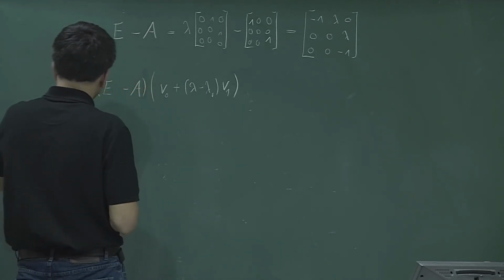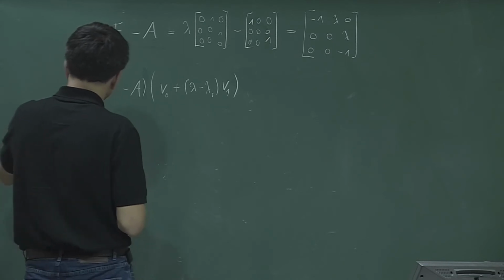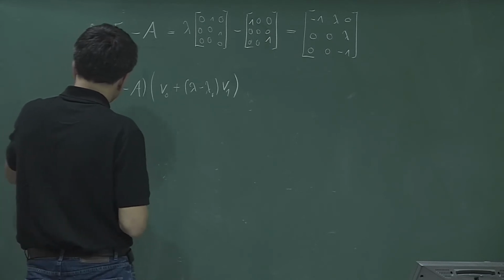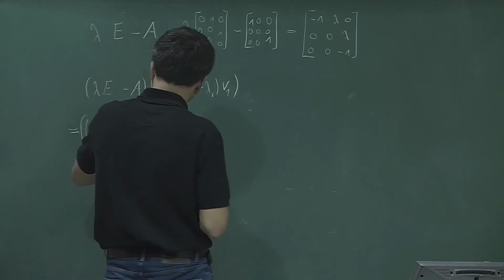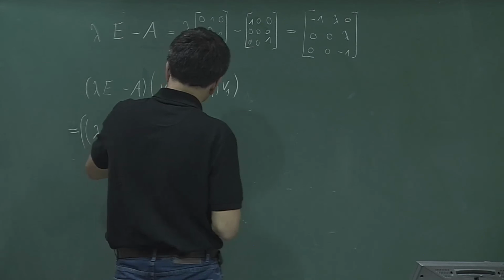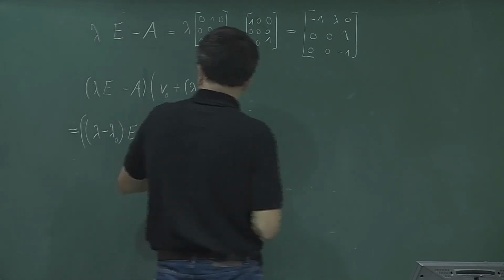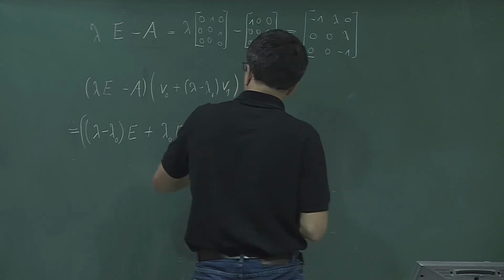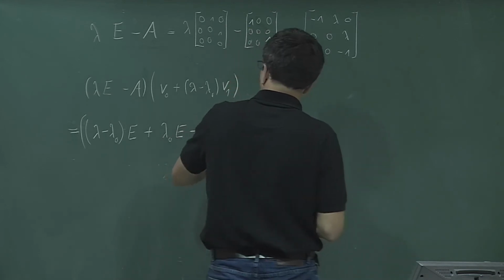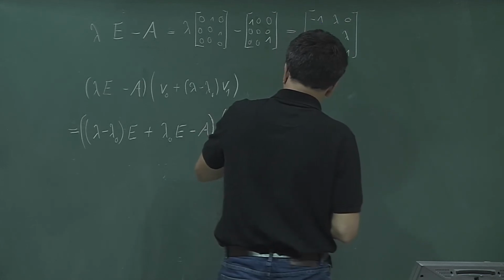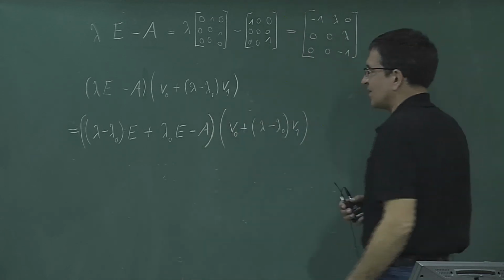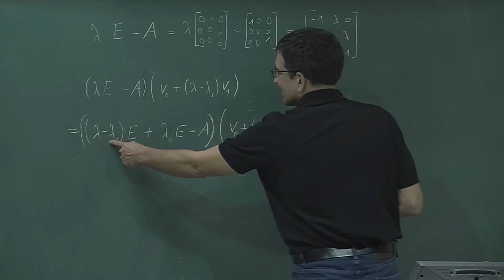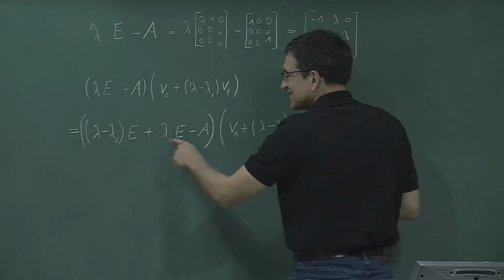First of all, we write this as lambda minus lambda 0 times E plus lambda 0 times E minus A, multiplied with our polynomial. Here you need a bit of fantasy: subtract the lambda 0 and add it.